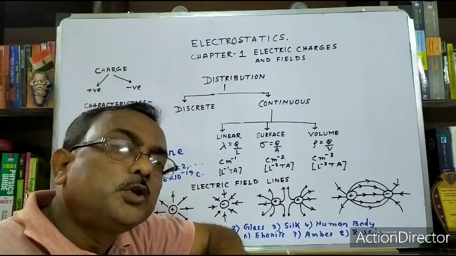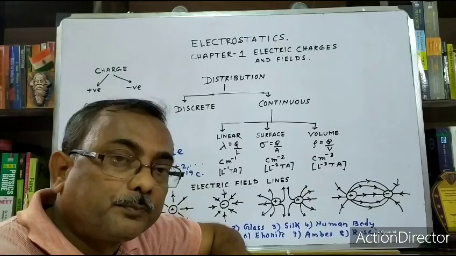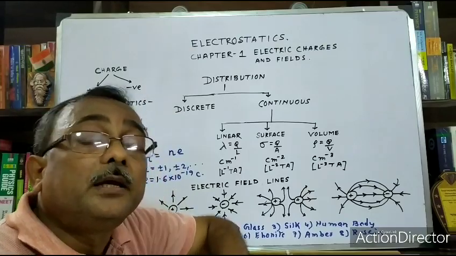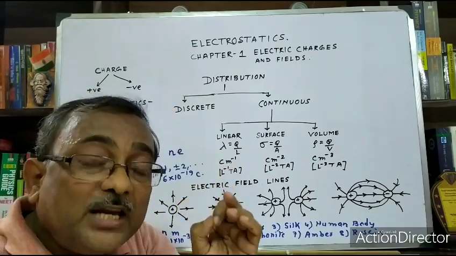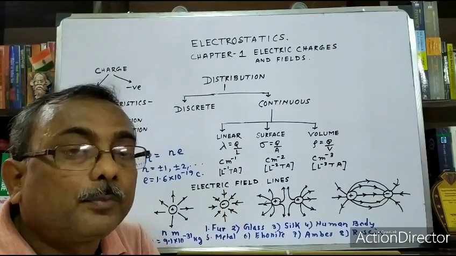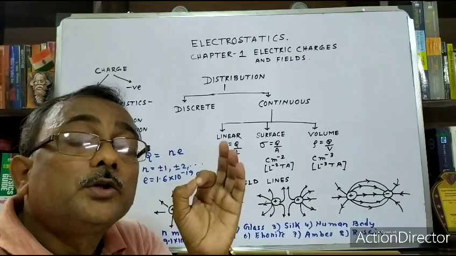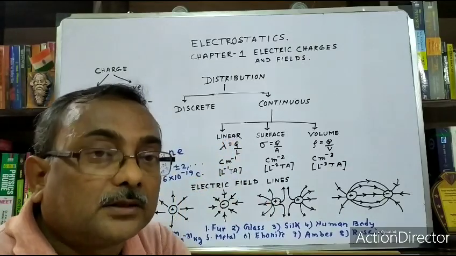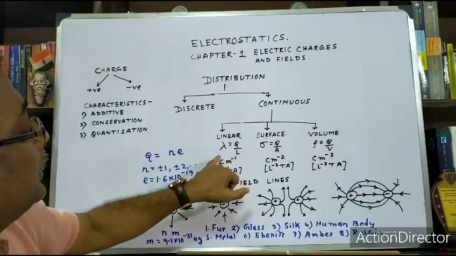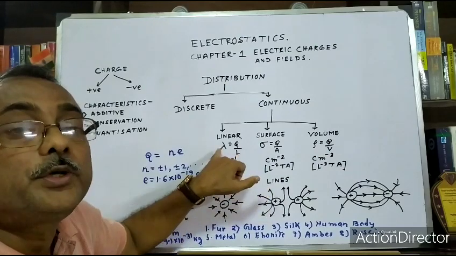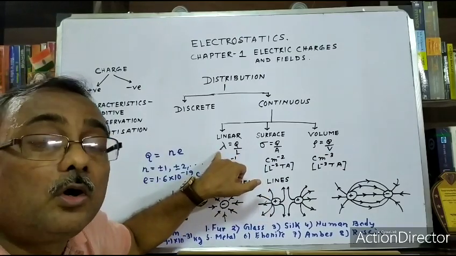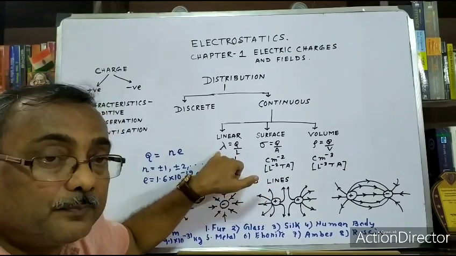This continuous distribution of charge is of three types. When charge is given to a thin wire or uniform wire, the distribution is per unit length, and the charge per unit length is denoted by lambda. It is called linear charge density.